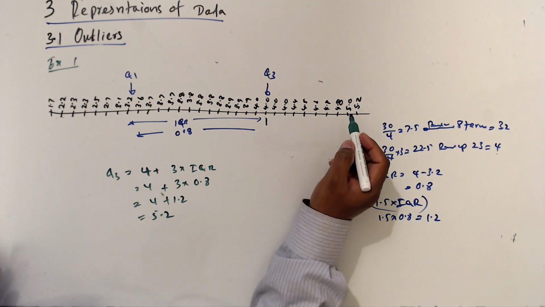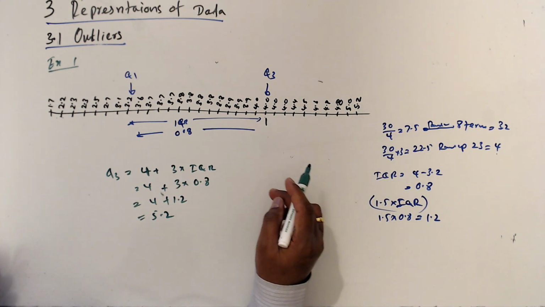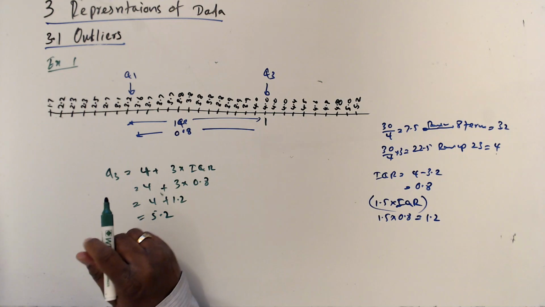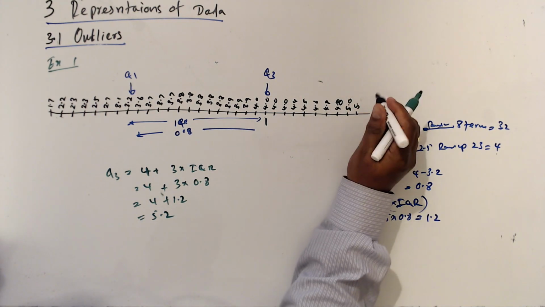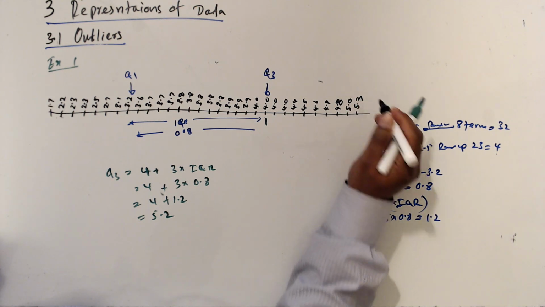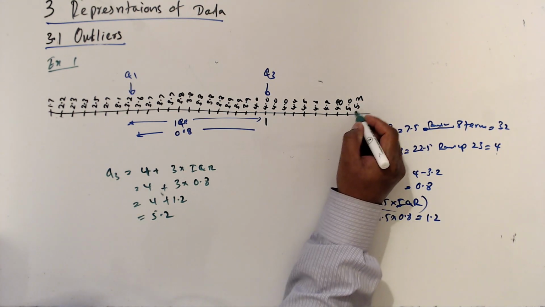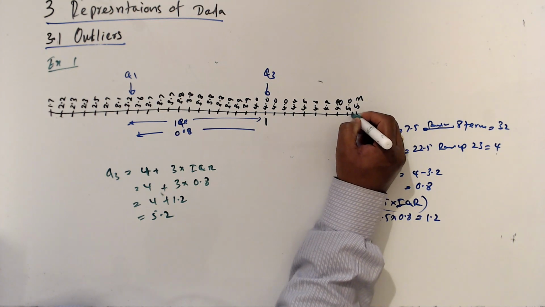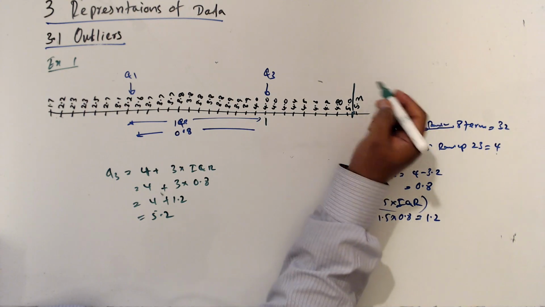So we have 5.2. Actually, I changed this last one to 5.3. So 5.2 is somewhere in the middle. There is no particular number for it.